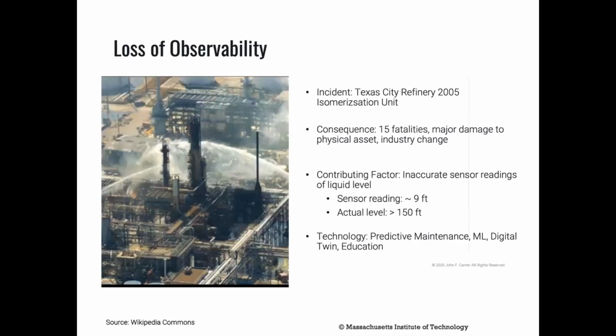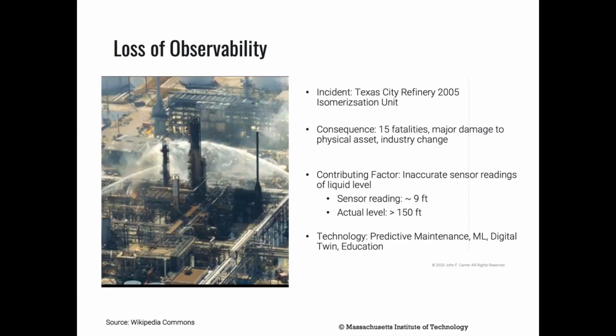The next concept is, just as an example, what occurs if we don't have that observability. Here's an unfortunate example from Texas City in 2005, the isomerization unit. The consequence of a lack of observability was 15 fatalities, major damage to the physical asset, and finally led to industry change.